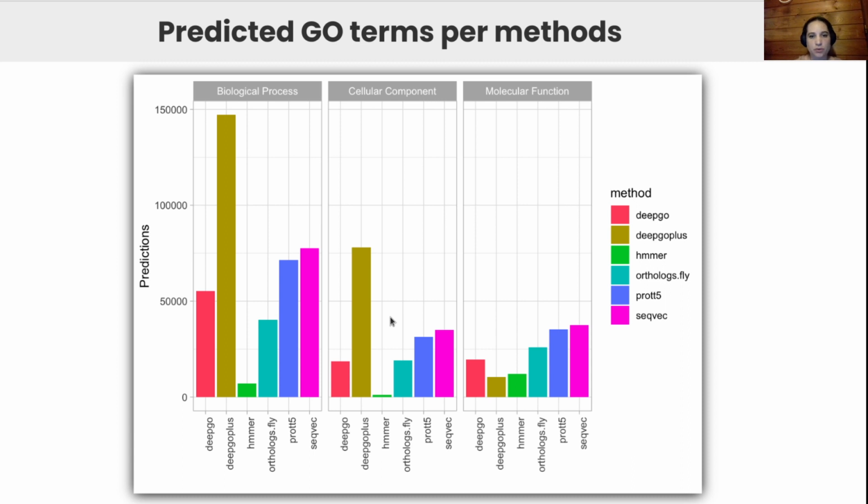And this is what we obtained. You can see here the number of Go predictions that we obtain split by predictors and categories. Although DeepGo Plus is the method that gives us more predictions, as you can see in mustard color, for biological process and cellular component, the language model predictors are very consistent between each category, in contrast to predictions by DeepGo, Hammer, and by orthologs that are super reduced.